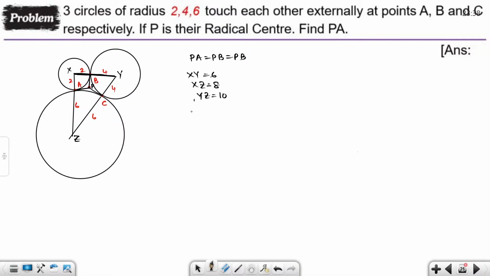Now we can observe one thing, that 6 square plus 8 square is your 10 square. It means that XY square plus XZ square is your YZ square. It means the triangle XYZ is a right angle triangle. Am I correct or not? It's a right angle triangle, right angle at X.